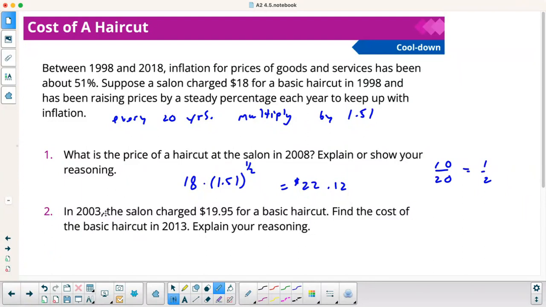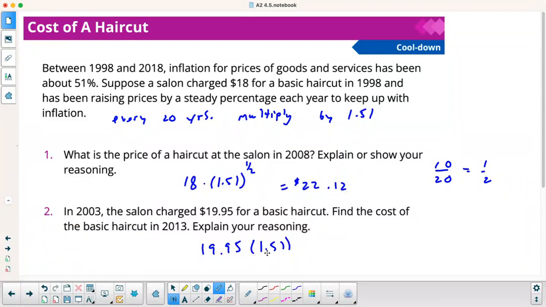$22.12. In 2003, the salon charged $19.95 for a basic haircut. Find the cost of the basic haircut in 2013. So it's 10 years from then. So again, it's half of a 20-year period. So it was $19.95 in 2003. So from 2003 to 2013, it's 10 years.